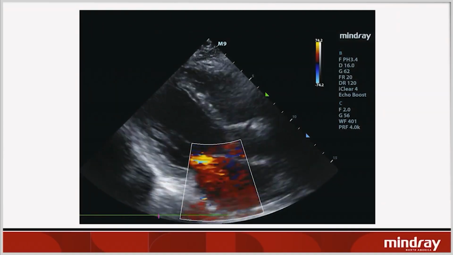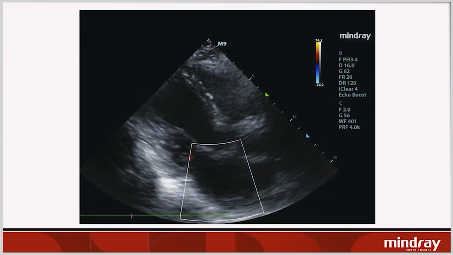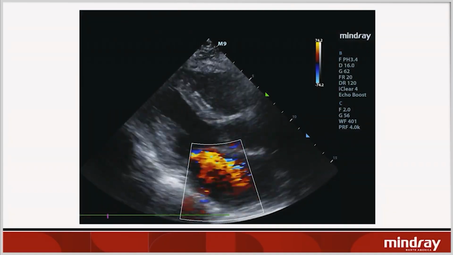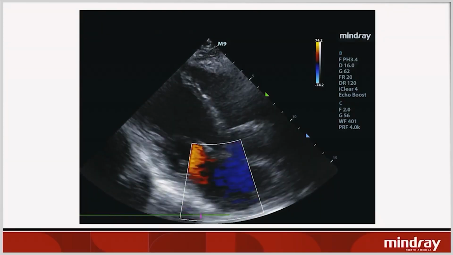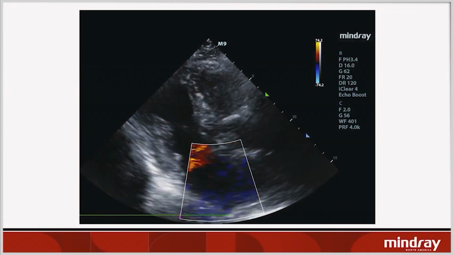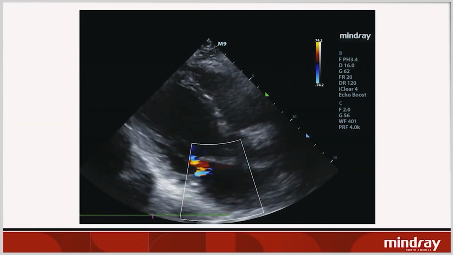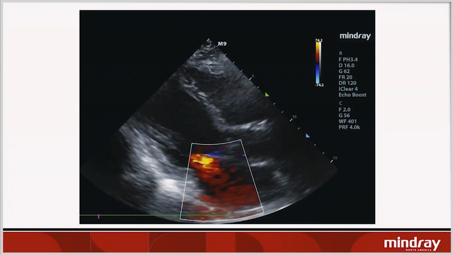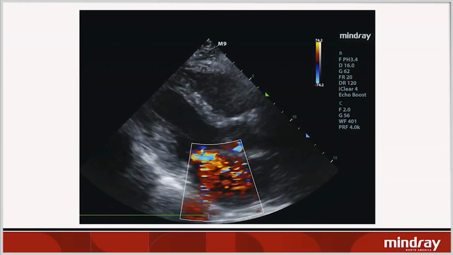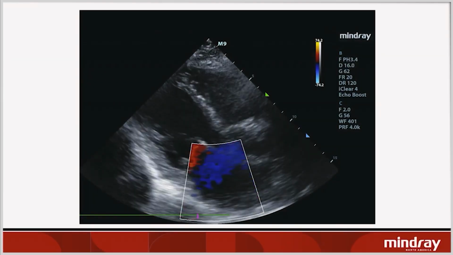And certainly when you see color regurgitant all the way back to the pulmonary vessels, you have severe MR happening. You can see the jet fills really the entire atrium, and any jet that fills more than half the atrium starts to make you wonder, is this why the person has pulmonary edema? In this case, it was.